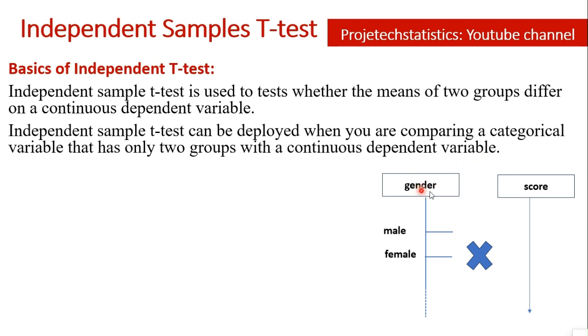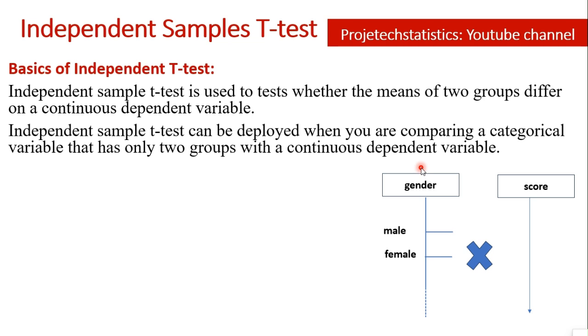When you have one categorical variable that has two groups and a continuous variable, then when we do such comparison, we have to use independent sample t-test. So I really want you to understand how to choose the appropriate statistical test for your analysis.